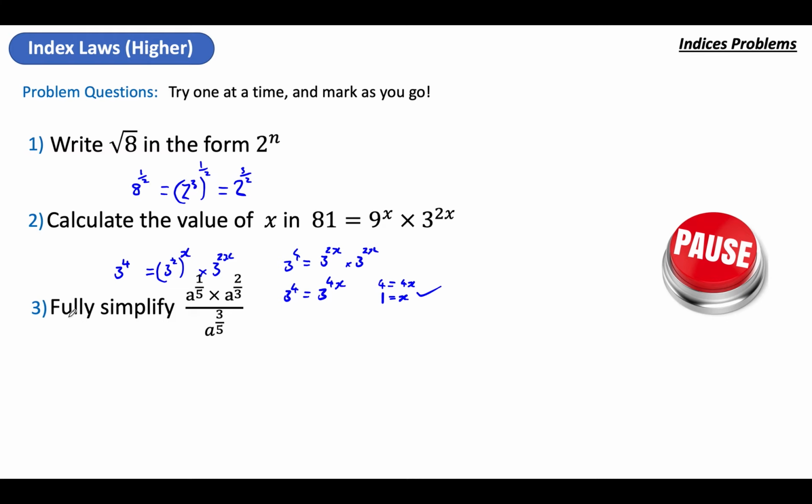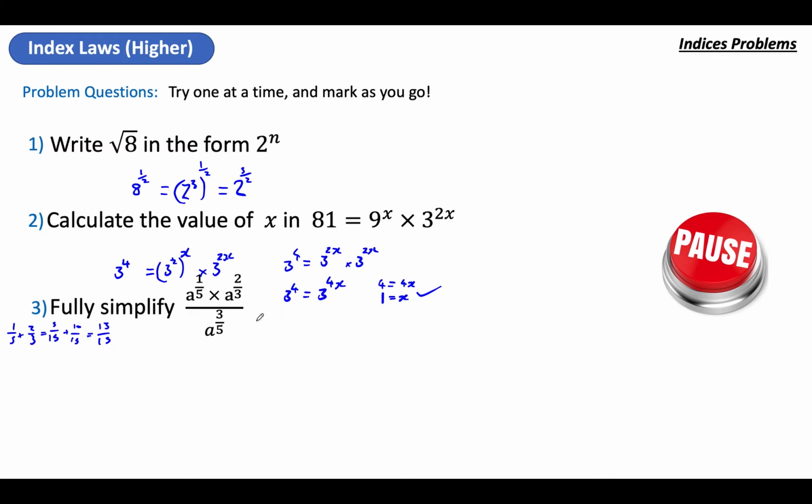Okay, you have unpaused. Right, we did kind of the top part of this question before, didn't we? You need to add the two powers together. So I'm going to add 1/5 and 2/3. And we already said if I'm adding a fifth and 2/3, that's the same as adding 3/15 and 10/15, which was 13/15.